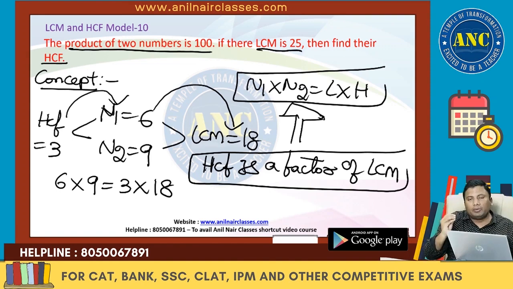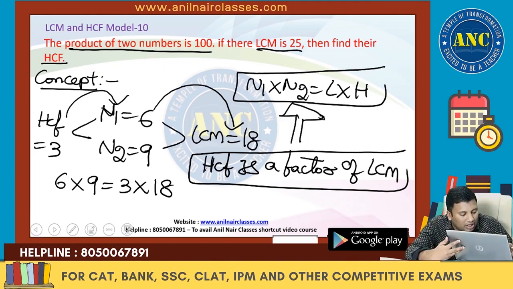It does not matter which formula you are using. HCF is a factor of number. Number is a factor of LCM. HCF is a factor of LCM.